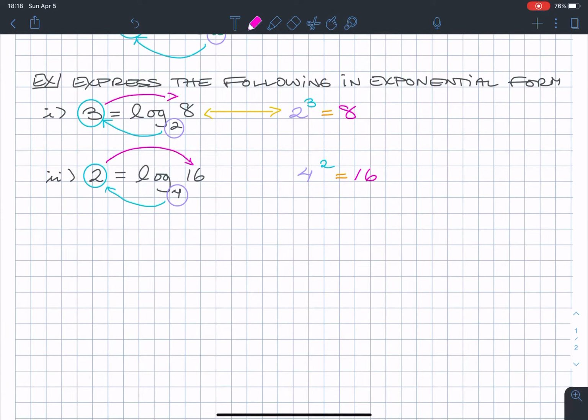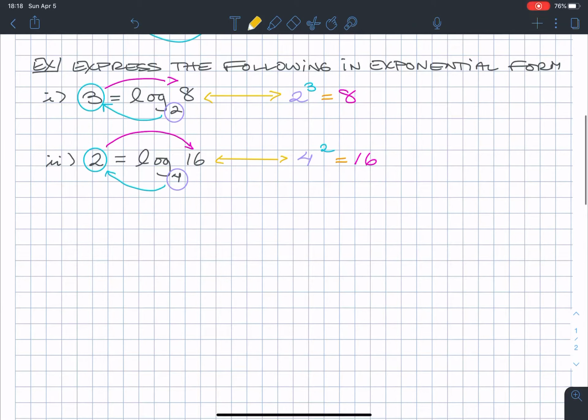Is 4 squared equal to 16? Yes, it is. So these are equivalent statements. Base raised to the answer is equal to the argument.